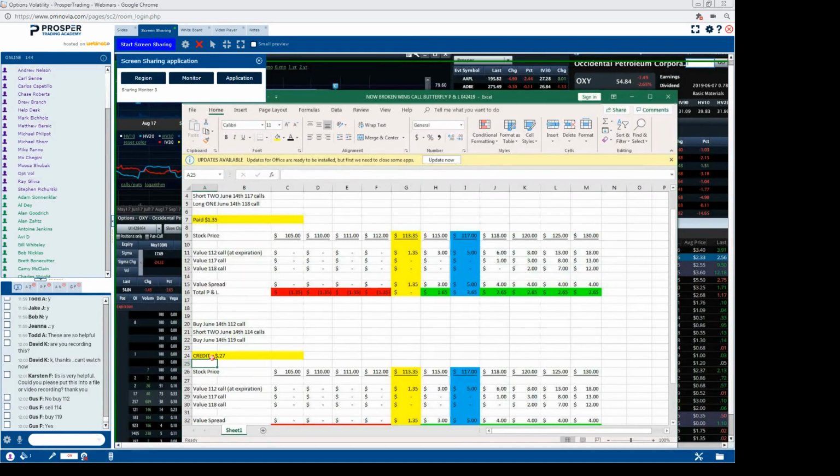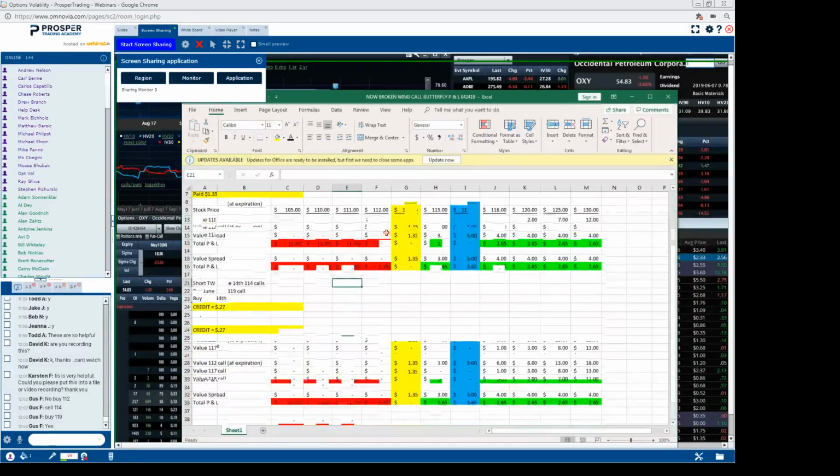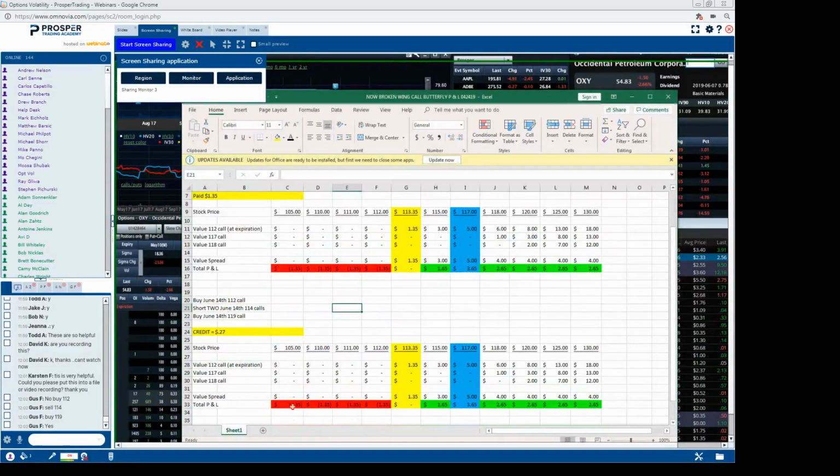Okay? Now, below any of the strikes, just like in the example of our long broken wing fly, everything is going to be worth 0. However, in this instance, we actually collected a credit.